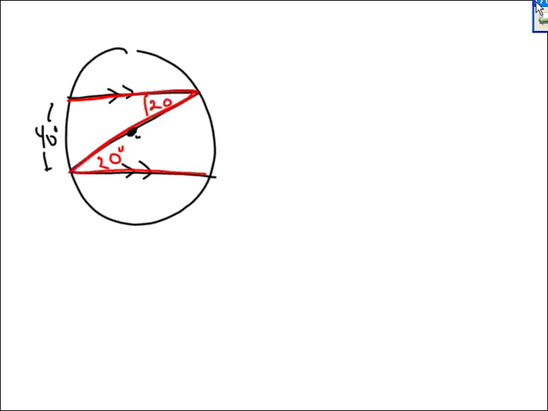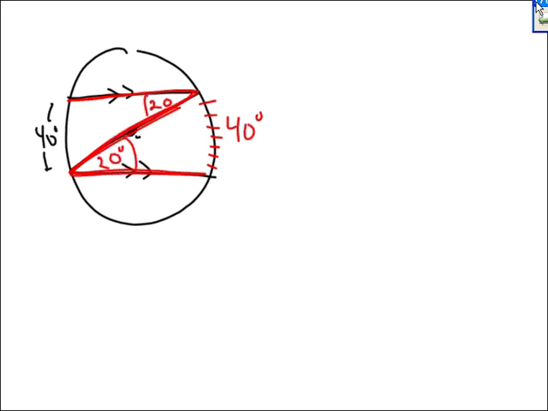It's also 20 degrees. Oh, but that new angle cut off this arc. This angle cut off the arc that I just highlighted. It's an inscribed angle. Double the angle. You'll get the arc.